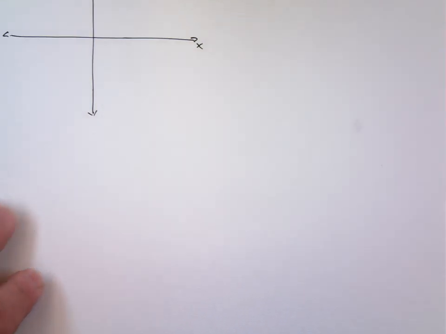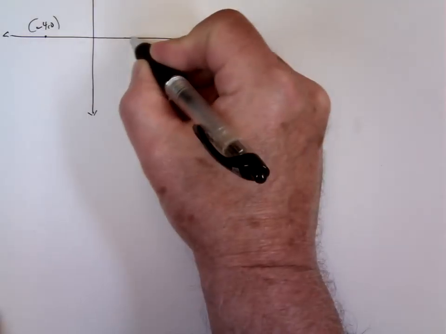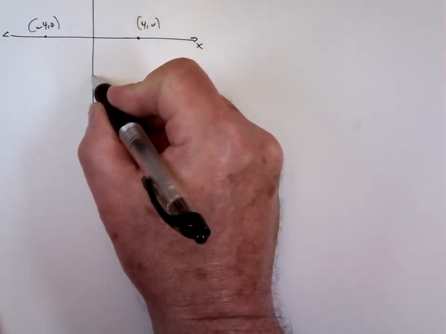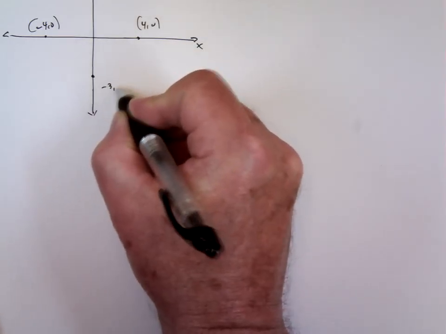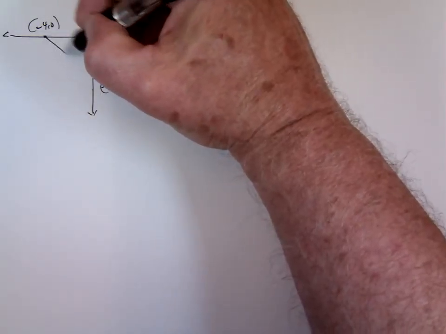Can you give me the coordinates of the three vertices? Negative 4 on the x-axis, and negative 3 for the y. And can you give me the density of the medium? 62.4. Okay.